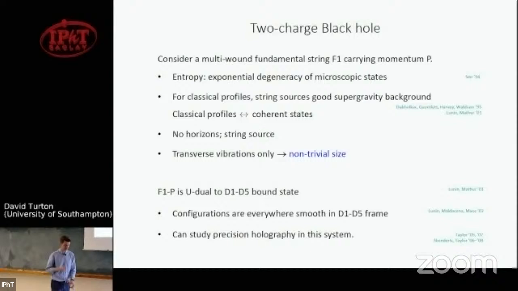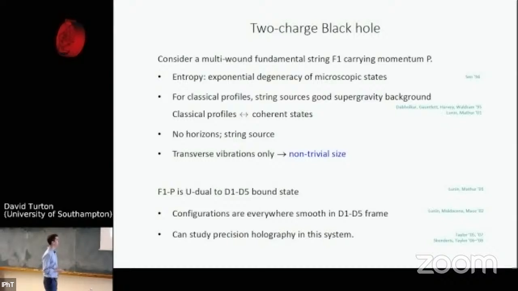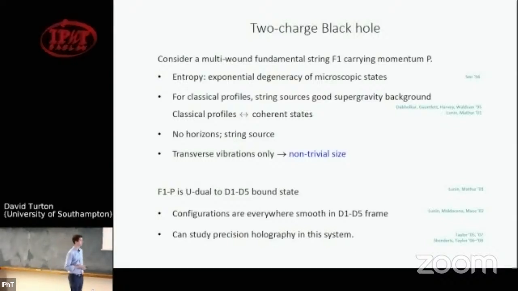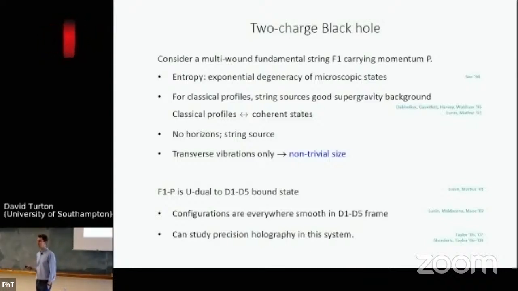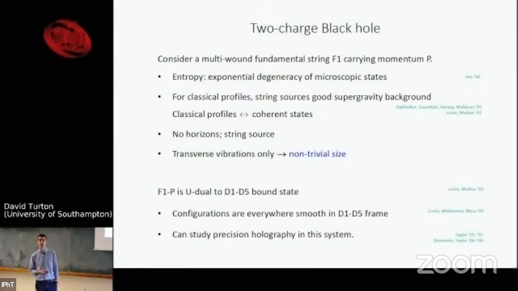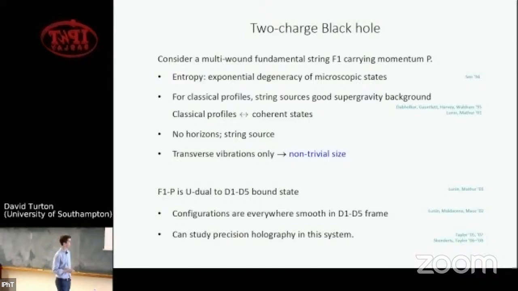In the D1D5 duality frame, the configurations are everywhere smooth after some smearing has happened along the way. And the D1D5 system is nice and well studied, in large part because we can study precision holography.